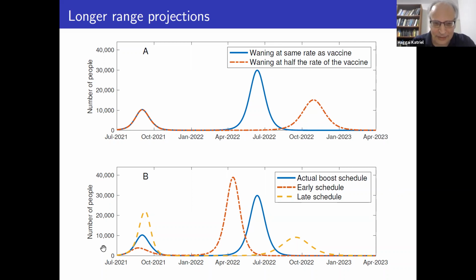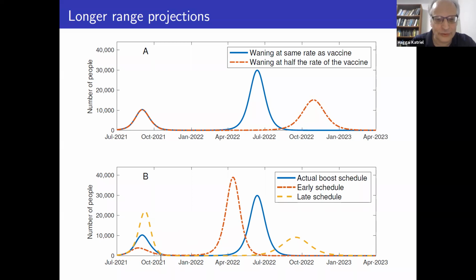Another thing, in the bottom part here: this is if the waning is the same, but looking at different scenarios for the timing of the booster campaign. We saw before that if we had started the booster campaign earlier, we would have had a much smaller epidemic.